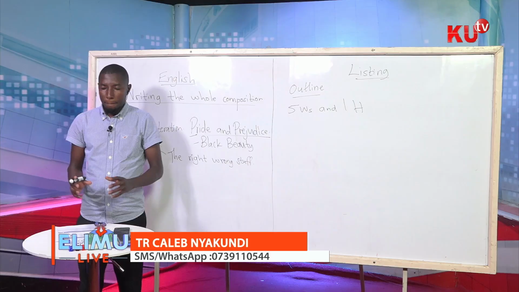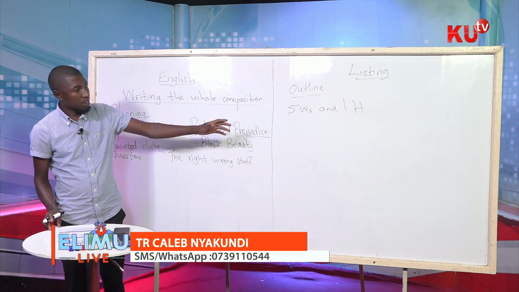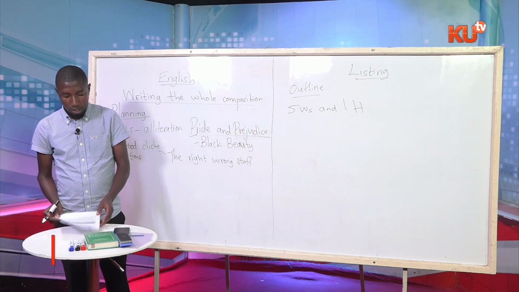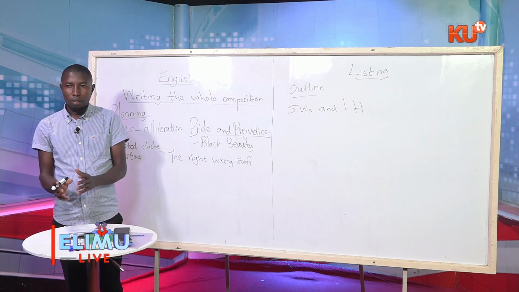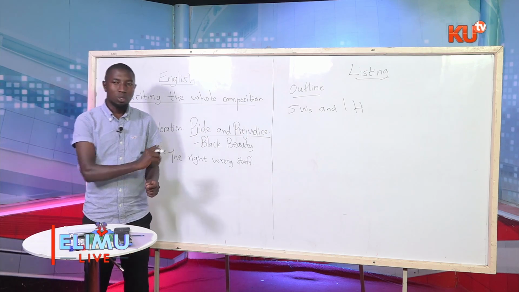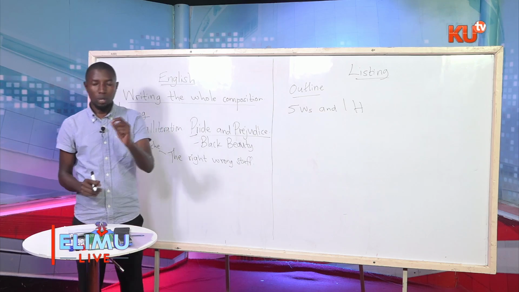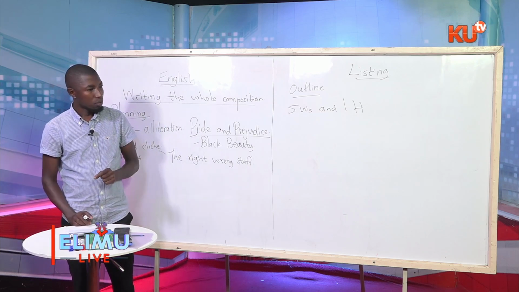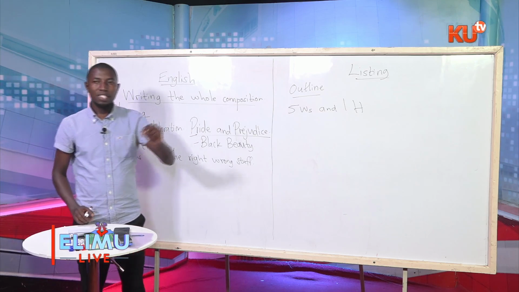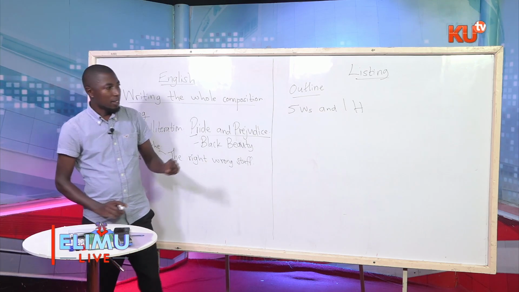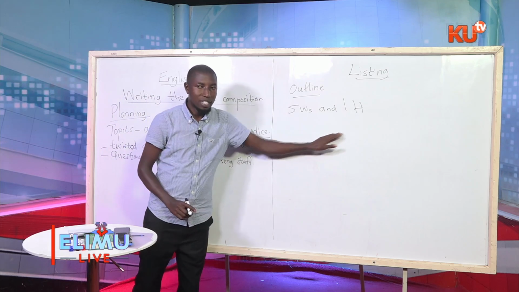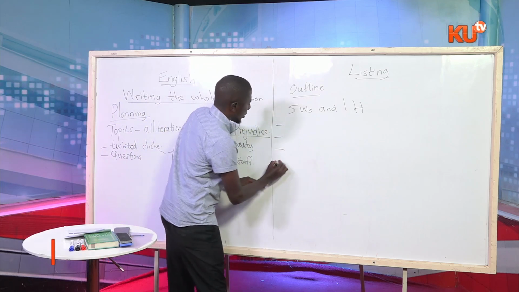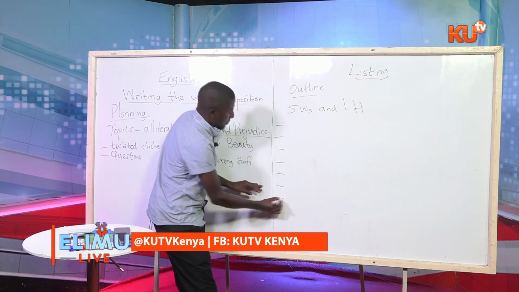The journalist's questions are also called the pentad. So, this is the strategy where you ask yourself questions as you write down. For instance, you ask yourself, who is in this story? Then you write there who is in the story in form of sentences or in form of bullet points.